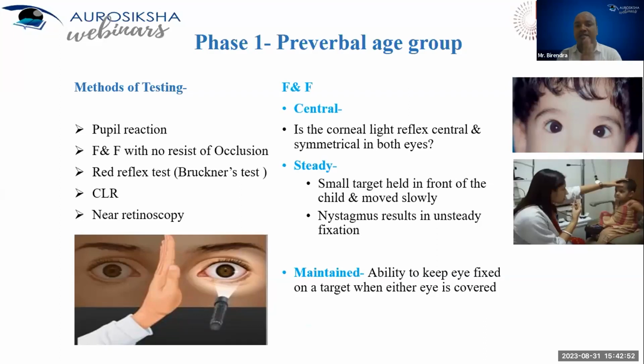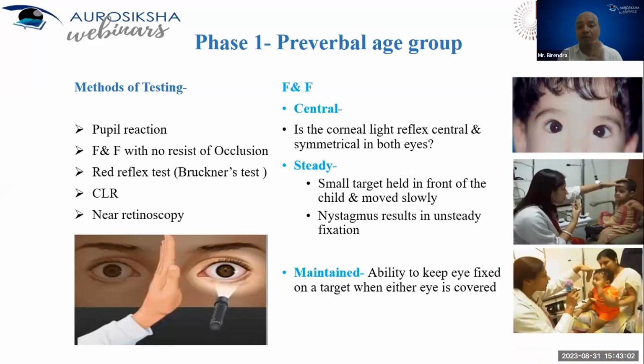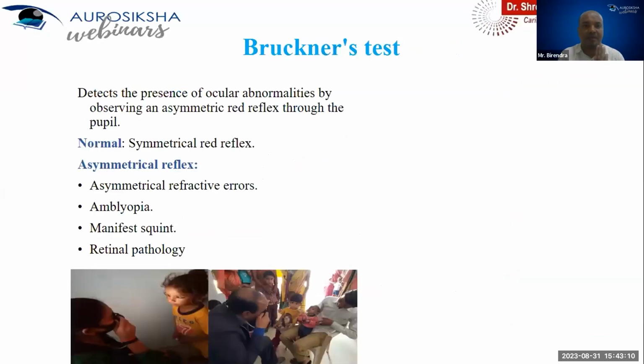Is their movement steady, or is there any jerky movement? That means unsteady fixation, and you have to mention it. Similarly, in the maintain category, it is the ability to keep the eye fixated on the target whether either eye is covered, so it can be tested on a monocular basis.